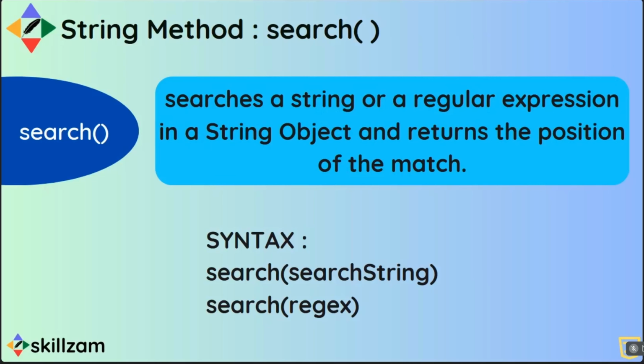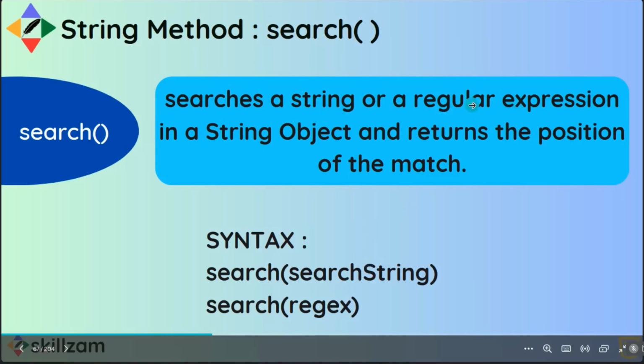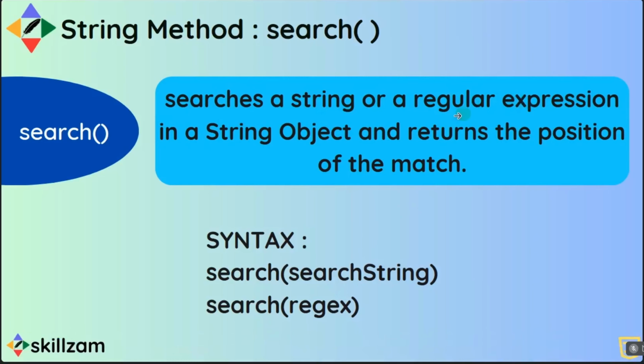For now, just understand that a regular expression is a kind of pattern that you give as an input for searching a string, like a pattern which says it is a substring that starts with z, a substring that contains numbers as well as alphabets. Those kinds of patterns you can give using a regular expression. For now, for simplicity of understanding this method, we'll just consider a search string. Later when we talk about regular expressions, we'll revisit it and deep dive into how a regular expression can be given as a parameter as well.